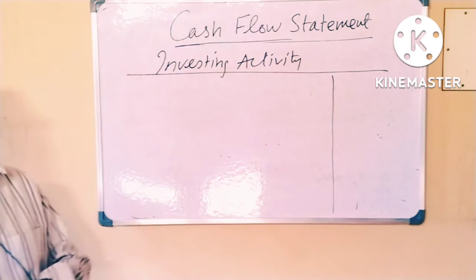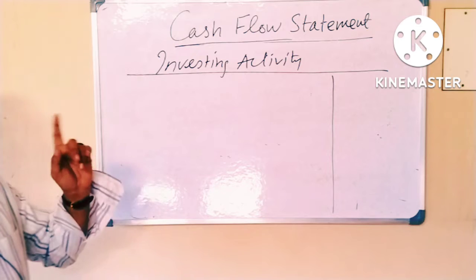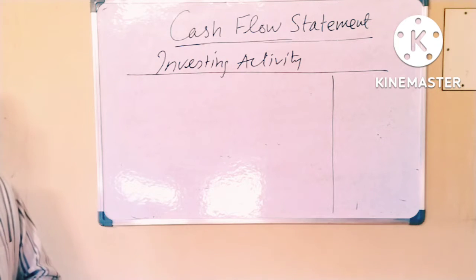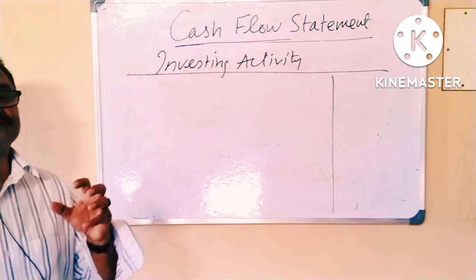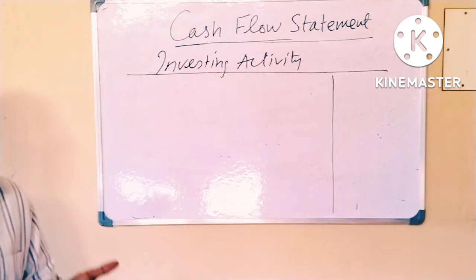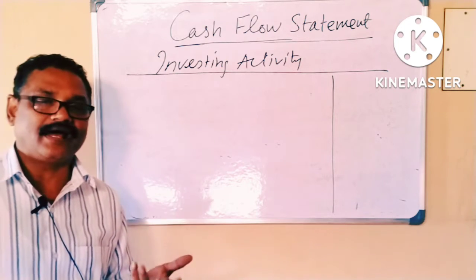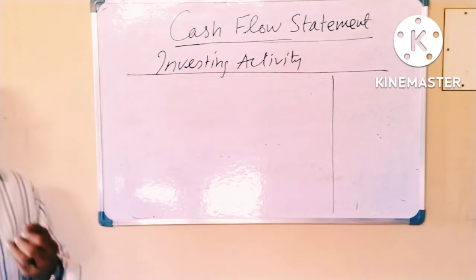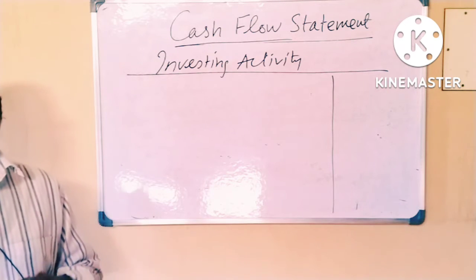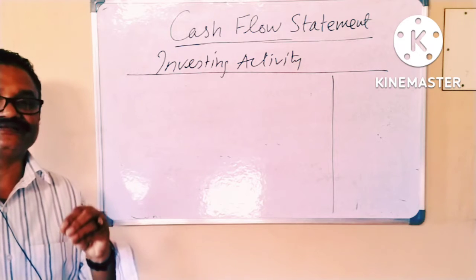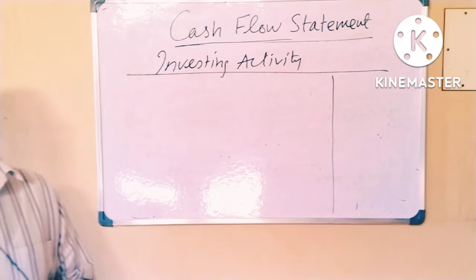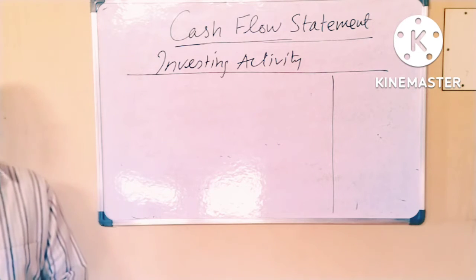In investing activity, we mainly deal with the new purchase of fixed assets. It may be purchase of furniture, land, building, or whatever is related to fixed assets. When we purchase a new asset for the business, that will be an outflow. That one we have to deduct.